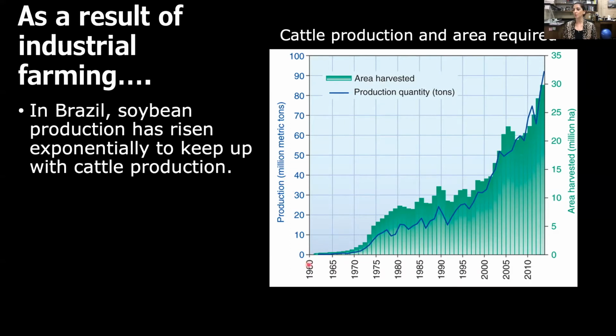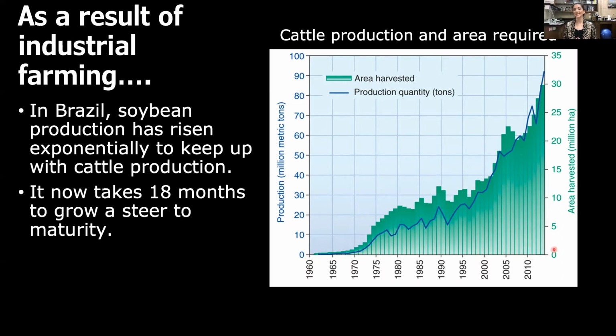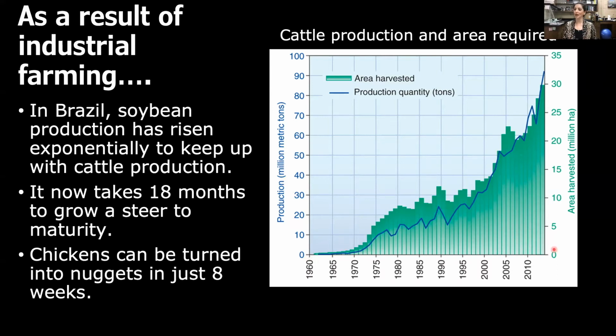We see that production has increased dramatically from the year 1960 to current day. It now takes 18 months to grow a steer to maturity. And surprisingly, you can make a chicken go from a chicken into a nugget in just 8 weeks.